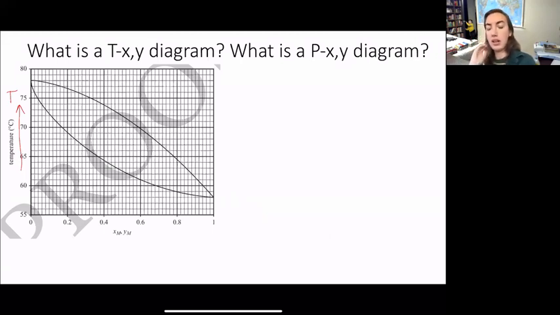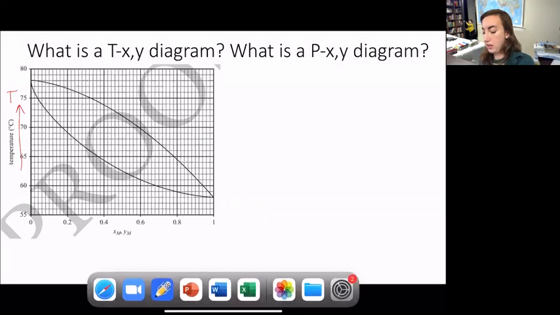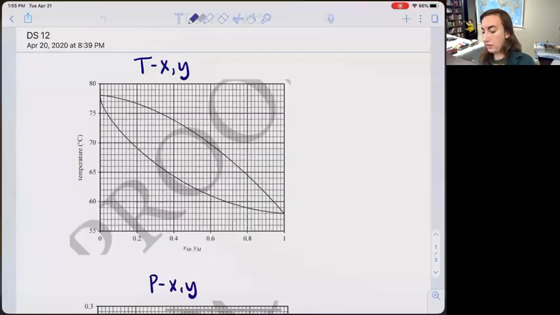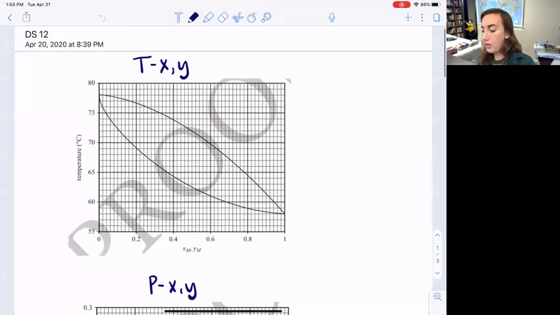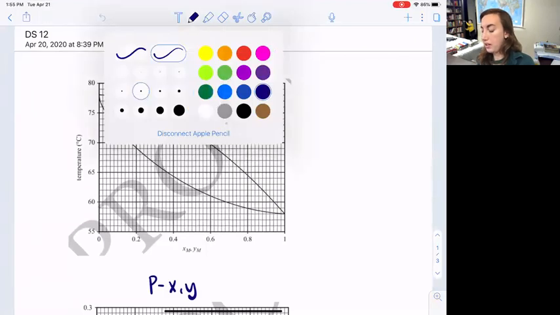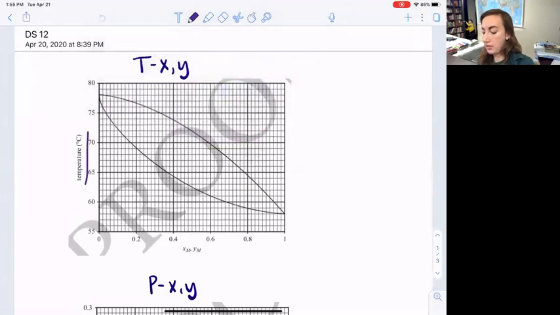And so I'm actually going to move to Notability so that I can color code a little better. Okay. So what we have here is a TXY diagram, so temperature here. And then we have a liquid region, a vapor region, and a liquid-vapor equilibrium region. As you all probably know by now, I really hate memorizing things, and this can get really confusing.